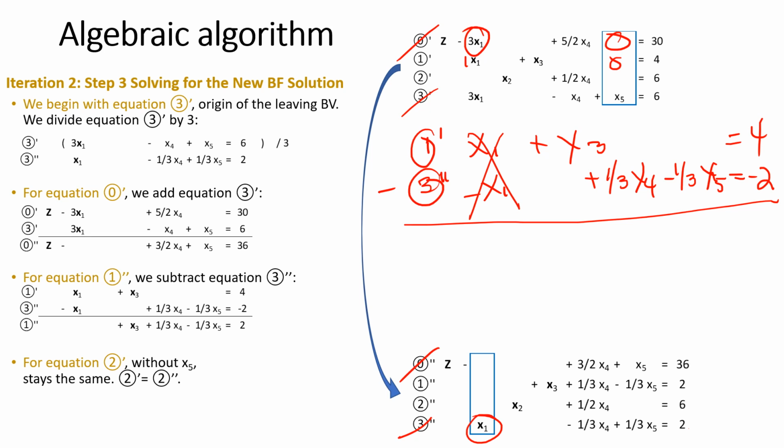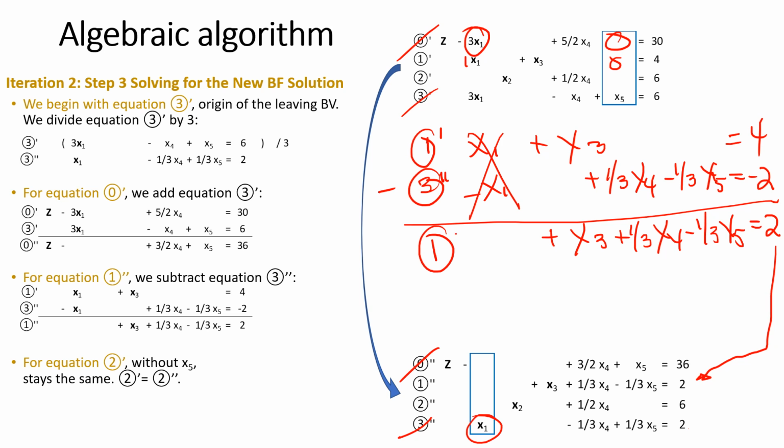And we're going to have plus x3 plus 1/3 of x4 minus 1/3 of x5 equal 2. And that's what we got here in equation 1 apostrophe, 1 double apostrophe. So that way we have solved this situation.